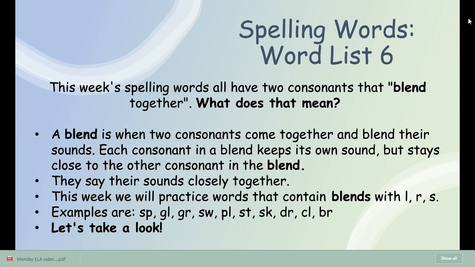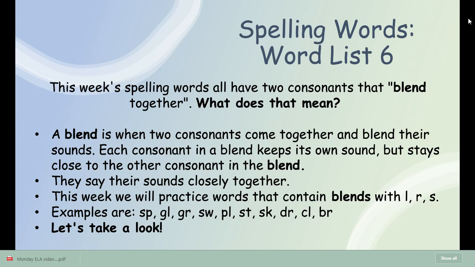A blend is when two consonants, so we're not talking about the vowels, we're talking about the consonants, come together in a word, stand side by side and blend their sounds. Each of the consonants is going to keep its own sound, but they're going to stay super close to the other consonant in the blend, and then they're going to say their sounds closely together.